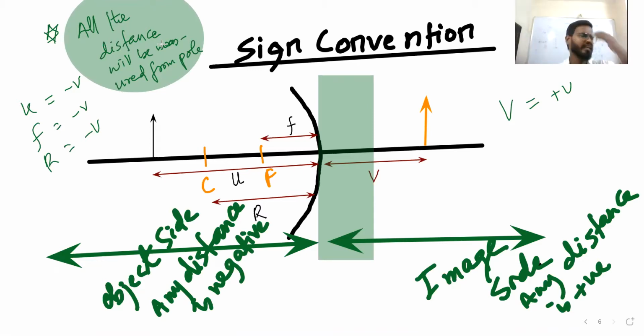One more thing we can say: the focal length of a concave mirror will always be negative, and the focal length of a convex mirror will always be positive.